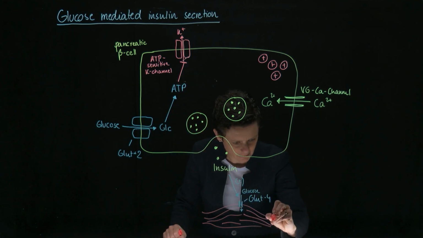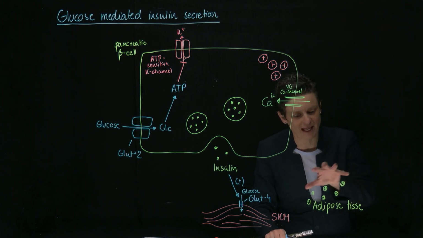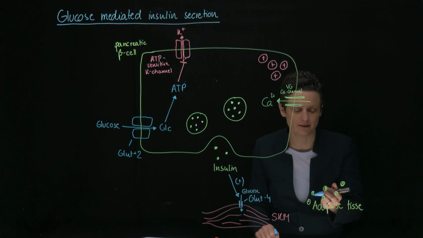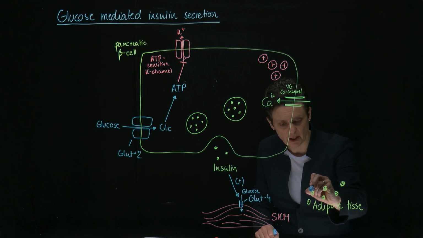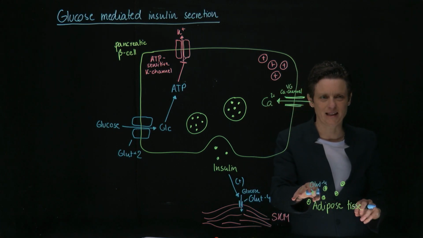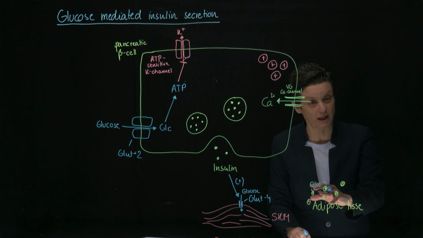So that's skeletal muscle. Insulin also has a lot of effects on adipose tissue. It does something very similar. It helps to store away glucose via GLUT4. So GLUT4 is also going to be upregulated in the adipocytes, and therefore you can store glucose into adipocytes.